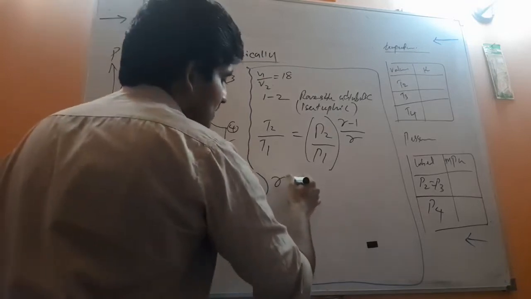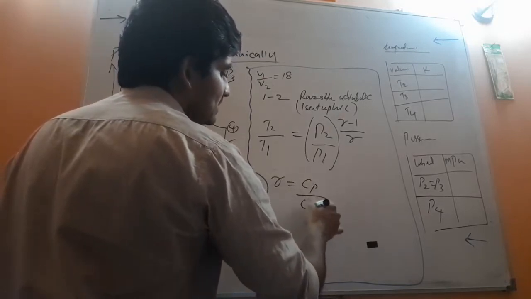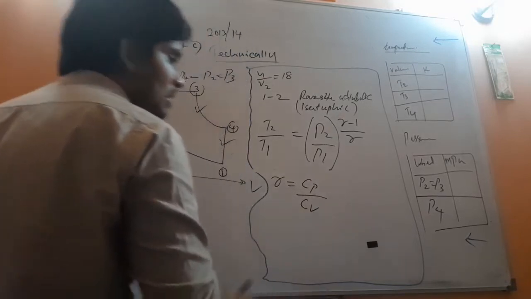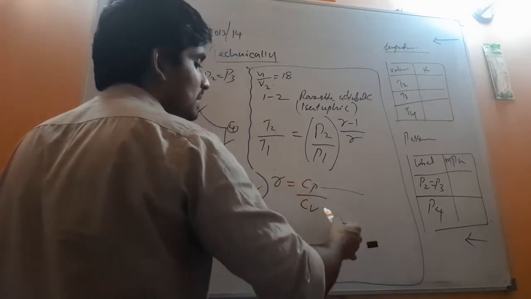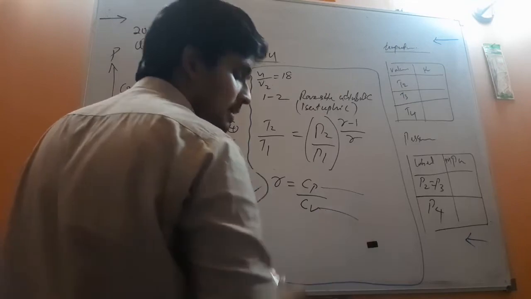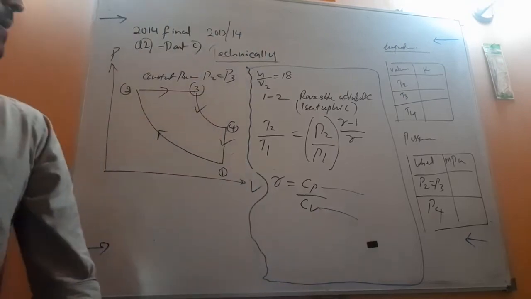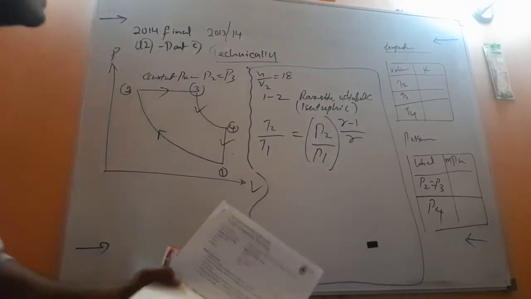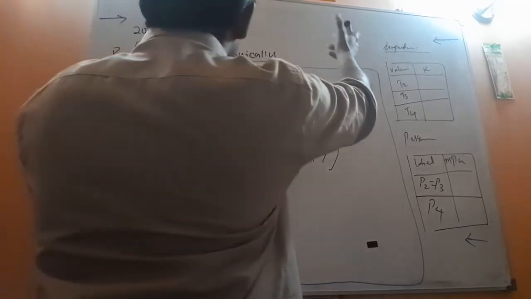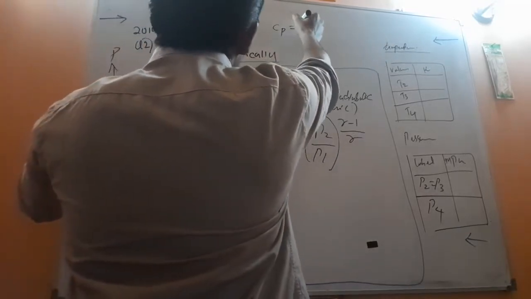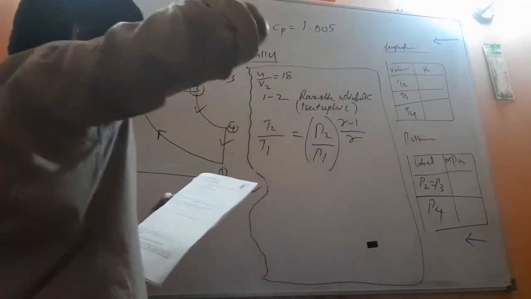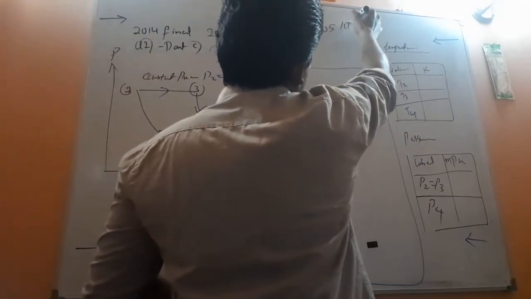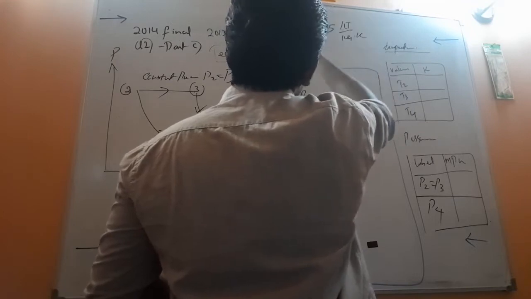You know, gamma is the ratio of Cp divided by Cv. What is Cp? Specific heat capacity at constant pressure. What is Cv? Specific heat capacity at constant volume. In the question paper, they have given all the data. So let's write it. Cp is 1.005 kilojoules per kilogram per kelvin. Cv is 0.718 kilojoules per kilogram per kelvin.